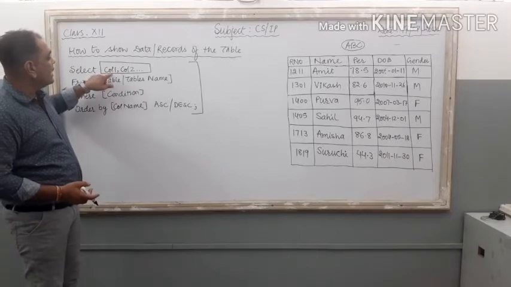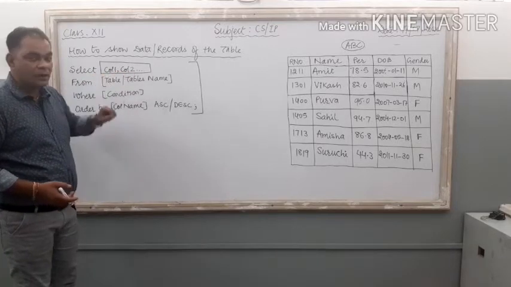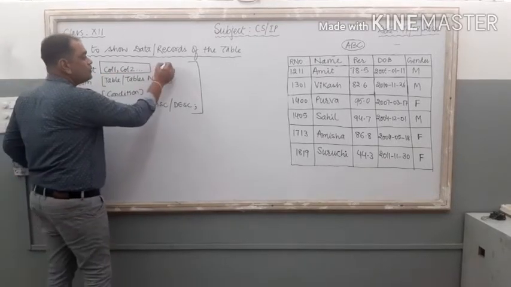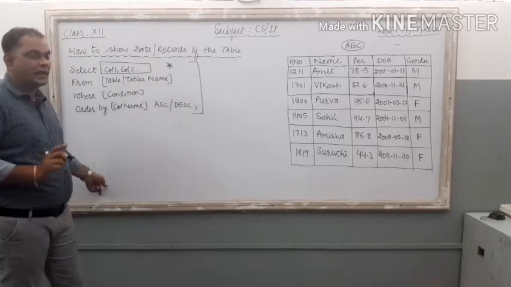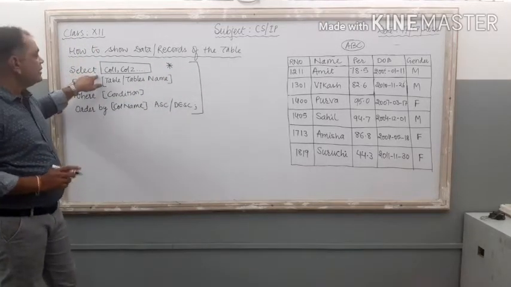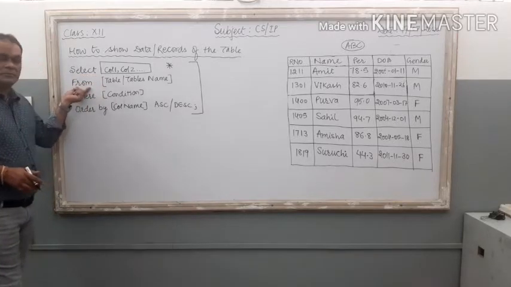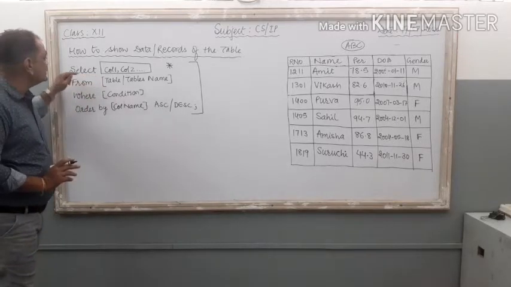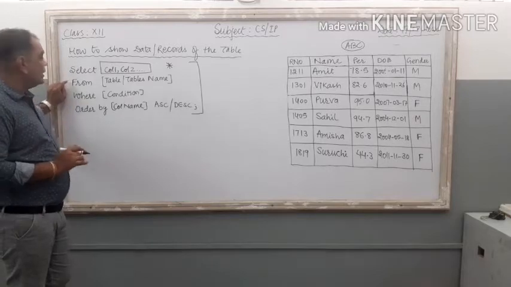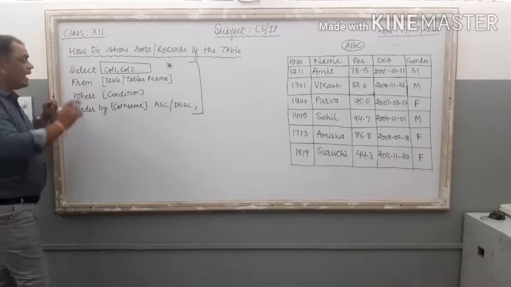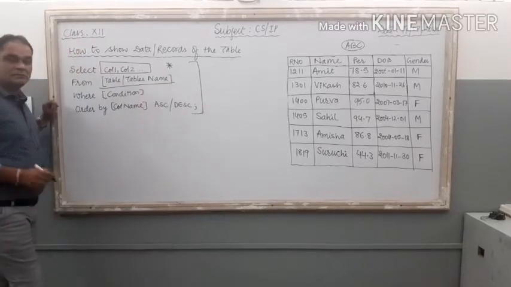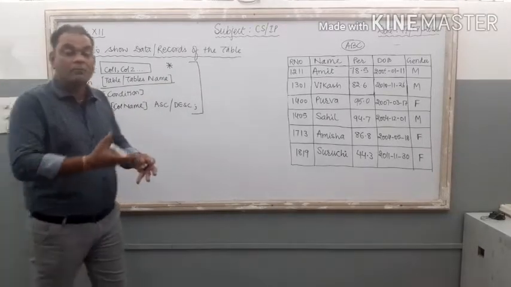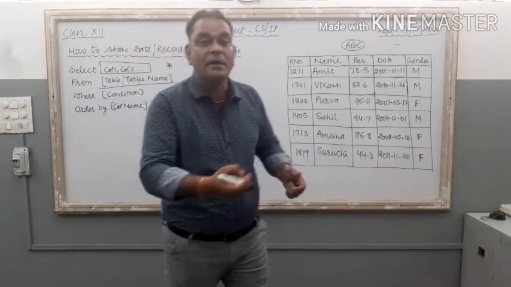Right? Here you can write the names of different columns, as well as you can write a star sign, asterisk sign also. Here in the first line select, in the second line from. This from command is directly related with the select command. So in the second line from, and with the from we use the table name. Here we can filter records from multiple tables also.